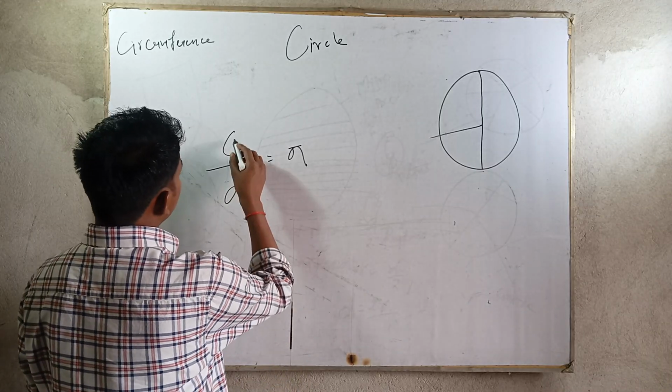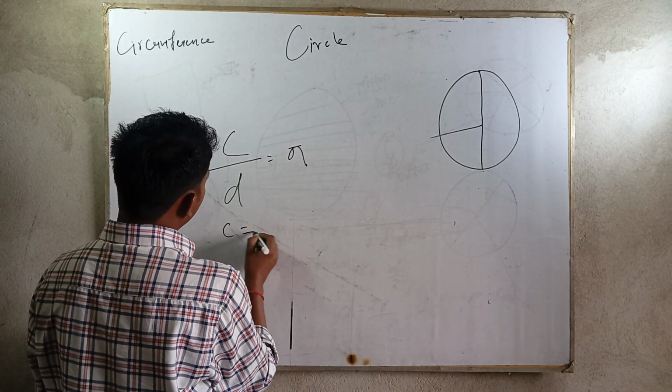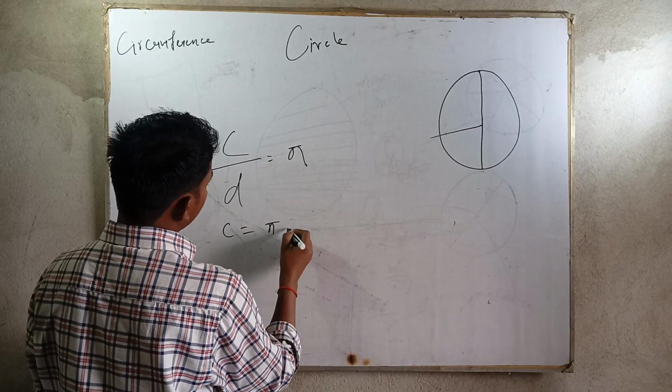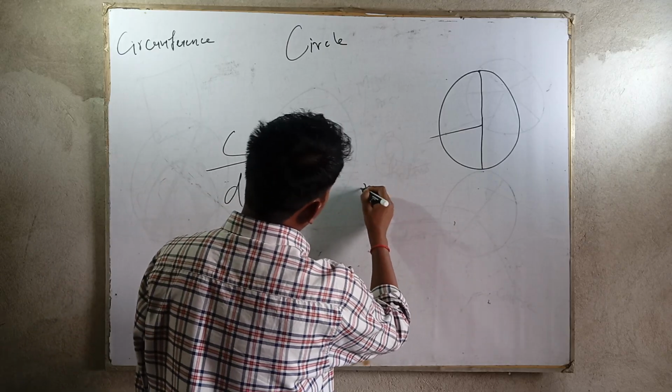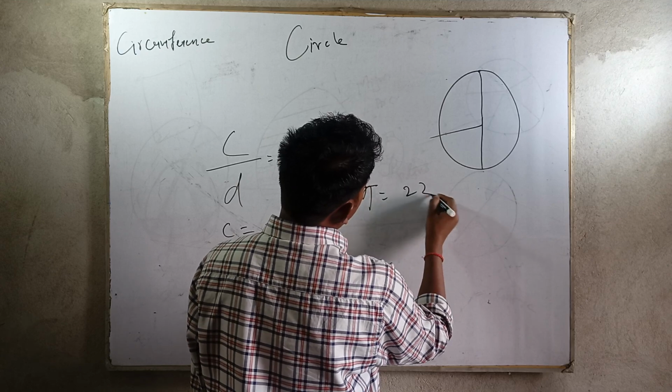So pi equals c by d, which means c equals pi times d, and the pi value is always 22 by 7.